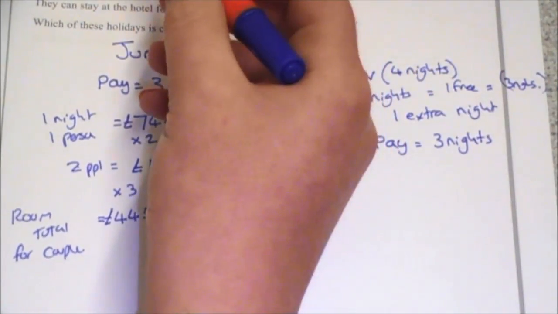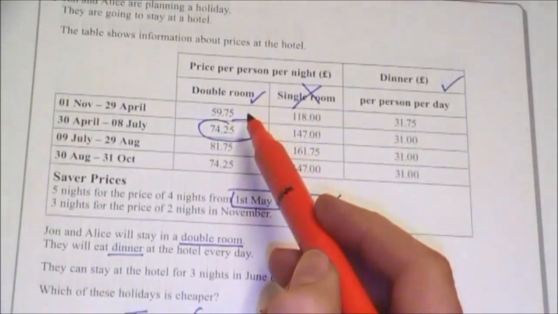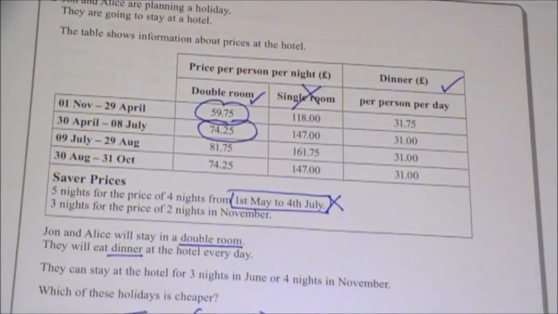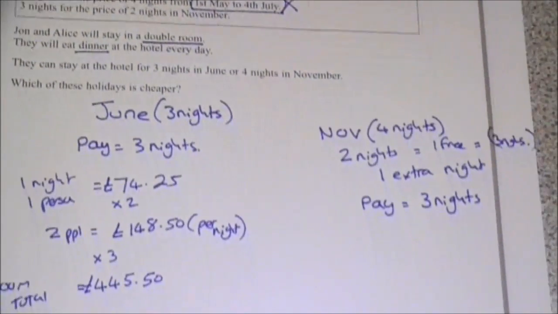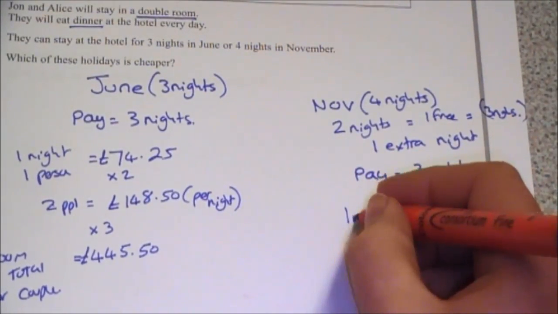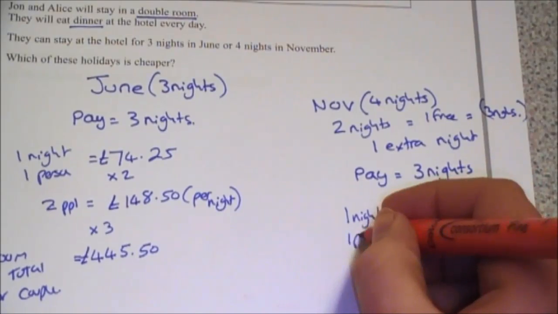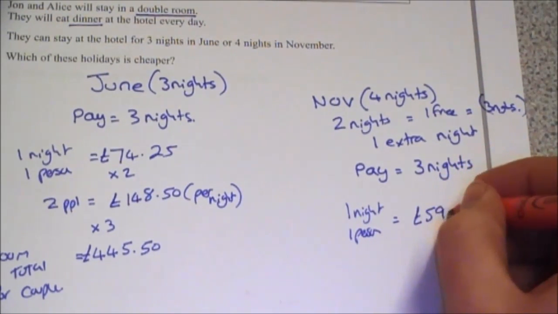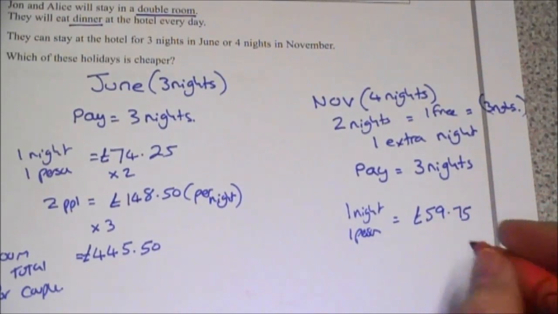1 night in November costs £59.75. So 1 night and 1 person costs £59.75.